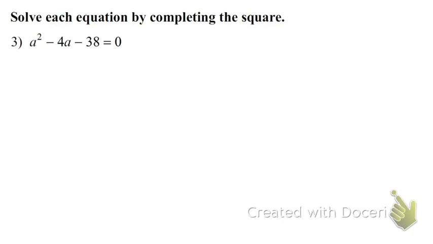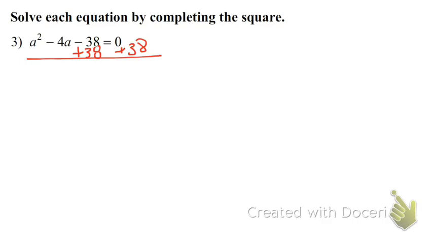Okay, so first, when you complete the square, you need to move the constant term to the other side. To do that, we're going to do the opposite. Since this is a minus 38, I'm going to add 38 to both sides of the equation. That's my first step.